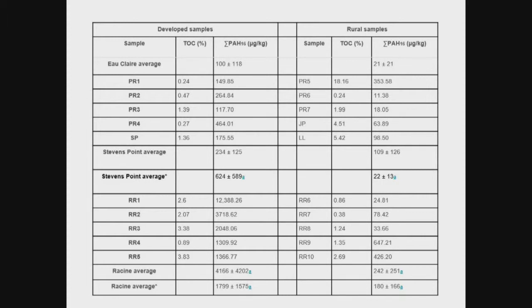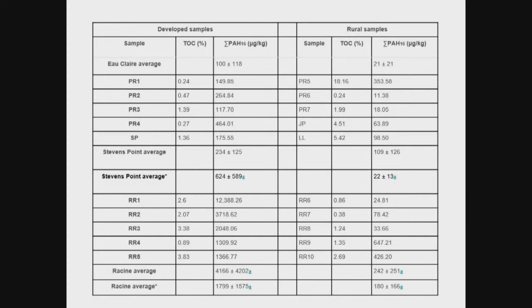The Root River, much more exciting as far as the numbers. Definitely more industrial activity over a longer period of time, more development. And so you see for those samples, we have a much higher average even before we normalize. There, though, the urban samples had fairly high organic carbon, some of them.